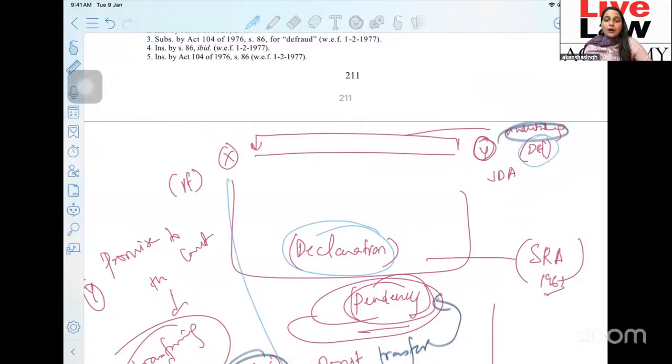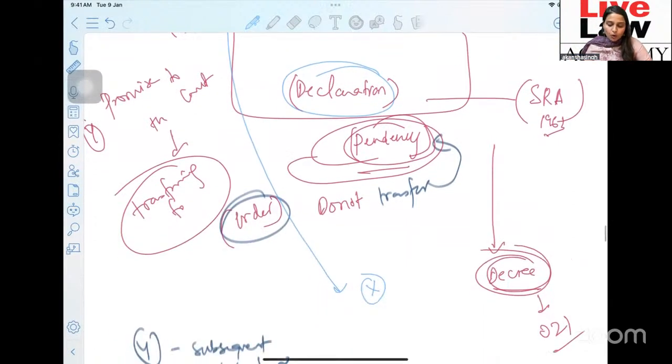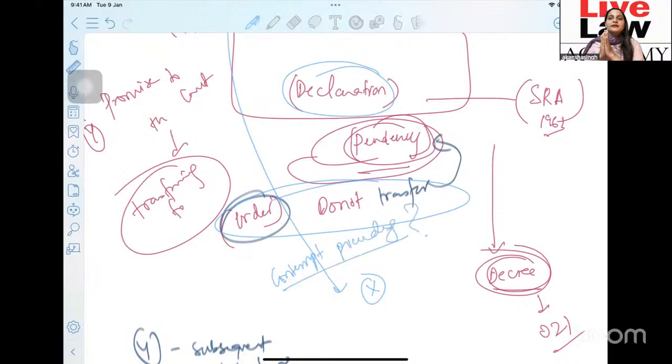Now in such a situation, what will happen to this order of the court? Can the contempt proceeding still be initiated? Or will the contempt proceeding also not be initiated because the suit has been dismissed by the court in such a situation? Did you get the catch?